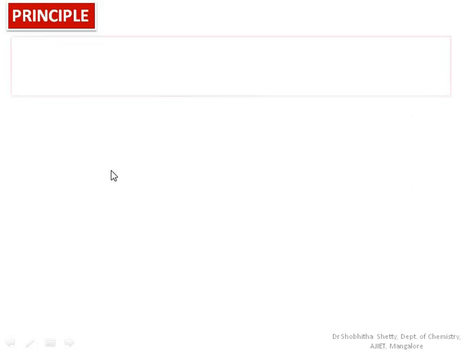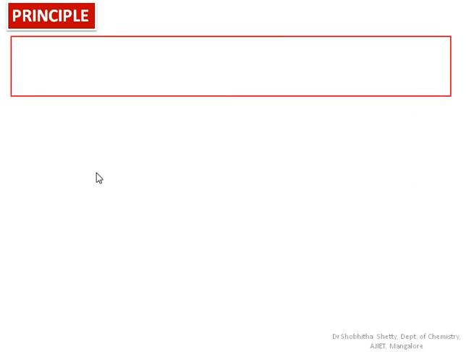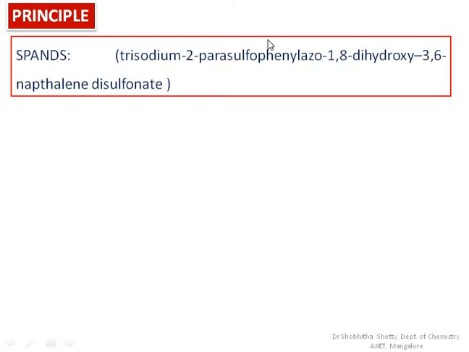First, what is the principle behind the determination of fluoride by SPADNS method? SPADNS is a reagent, a sulfophenyl azo naphthalene disulfonate compound. What is the full form of SPADNS? It is trisodium 2-(para-sulfophenylazo)-1,8-dihydroxy-3,6-naphthalene disulfonate.